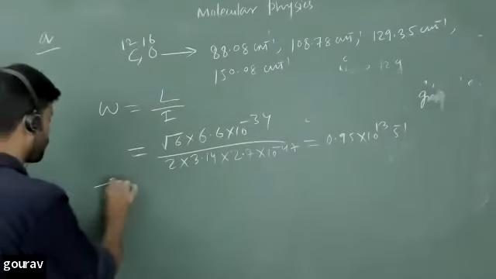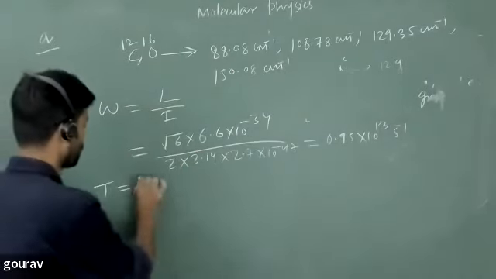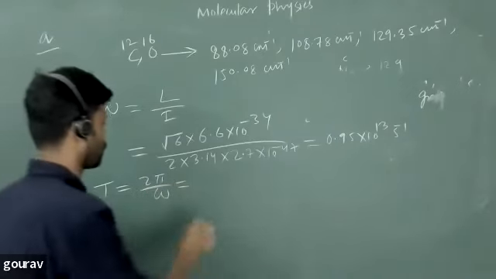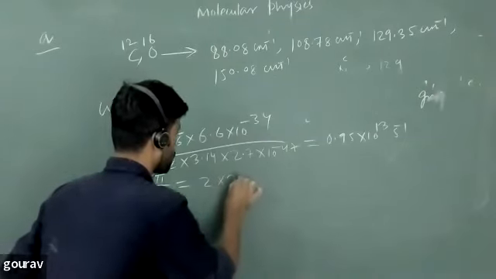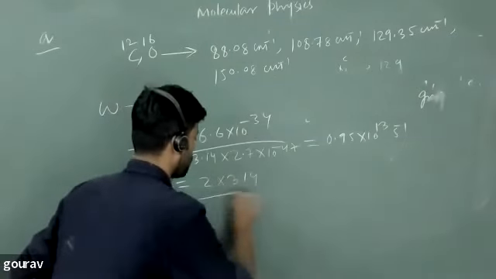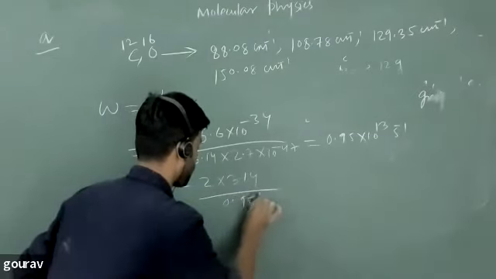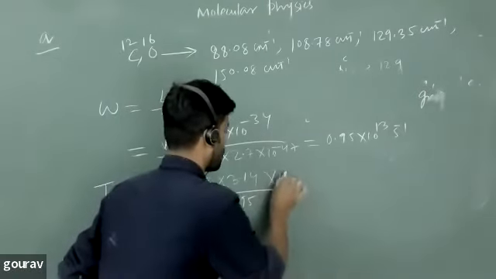Now time period T for the same state will be 2 pi by omega. So 2 into 3.14 divided by 0.95 into 10 to the power 13.